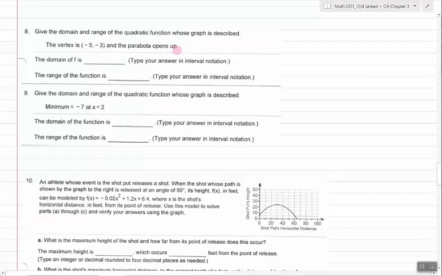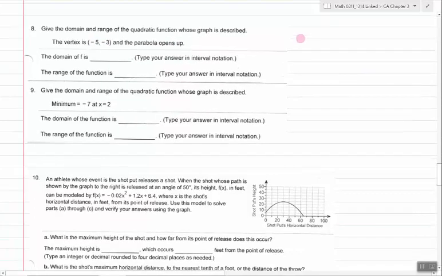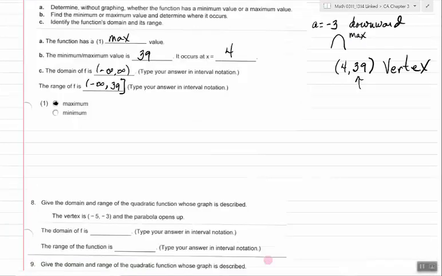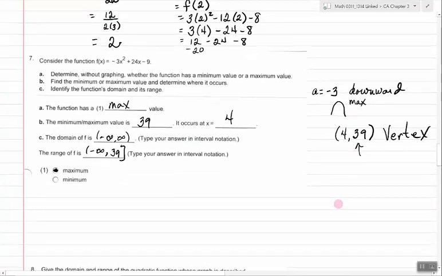If they give me the vertex as negative 5, negative 3, h is negative 5, k is negative 3. If it opens upward, then I know a is positive. I'm not quite sure where this video cut out. We did number 7. I did it all with the grapher. I believe it was still running.